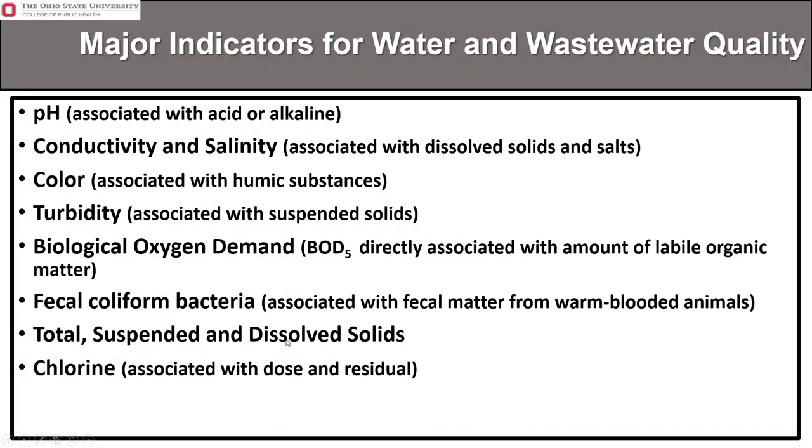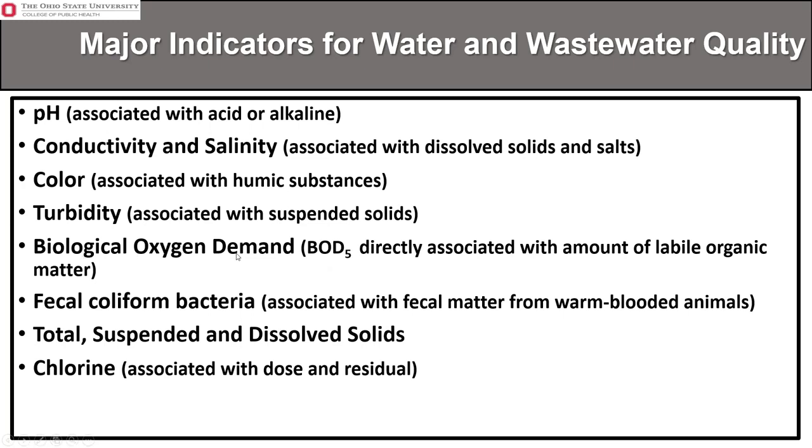And these are major indicators of water quality. Biological oxygen demand is a key one. The higher the biological oxygen demand, there's a direct relationship with labile organic matter. So the goal of treatment is to decrease the BOD. And so how do we know when the influent has been treated enough?